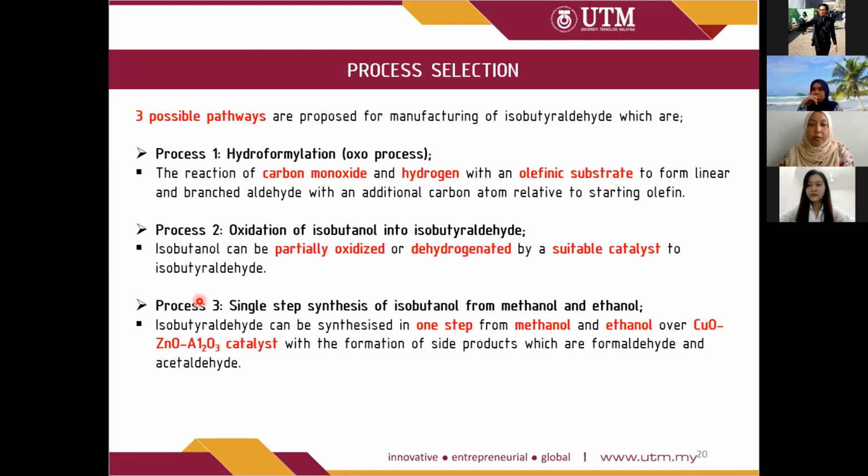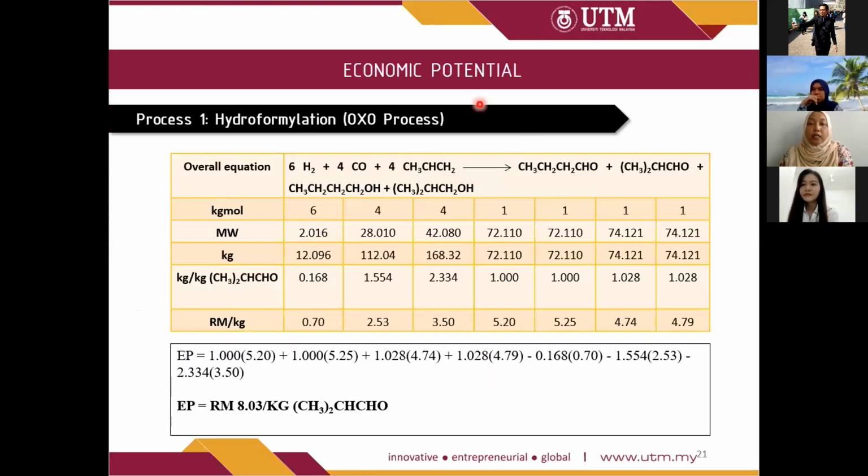The last process is single-step synthesis from methanol and ethanol. The IBA can be synthesized in one step from methanol and ethanol using a copper oxide, zinc oxide, aluminum oxide catalyst, with the formation of side products, which are formaldehyde and acetaldehyde. So this is the economic potential for process 1, hydroformylation.